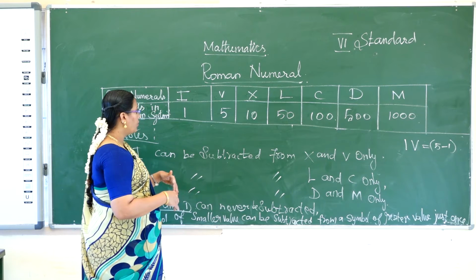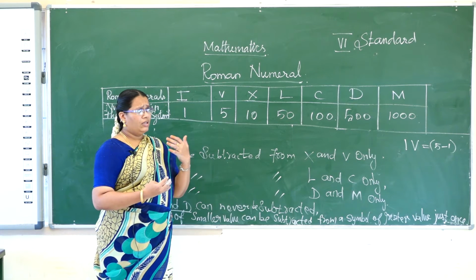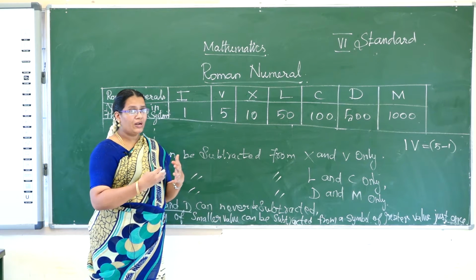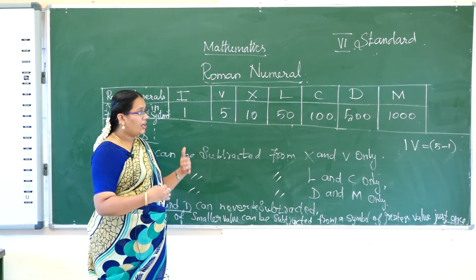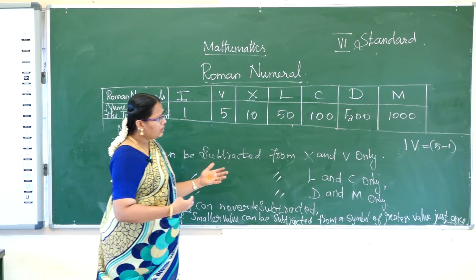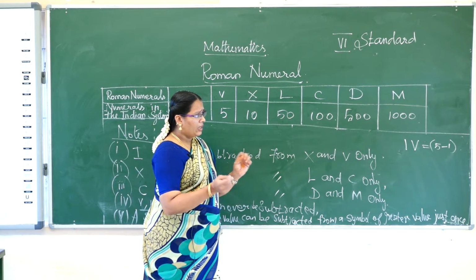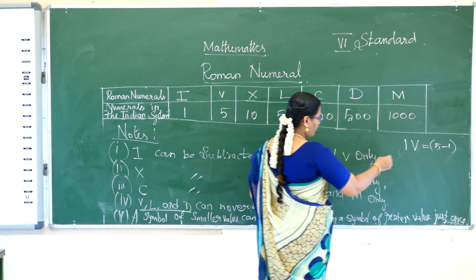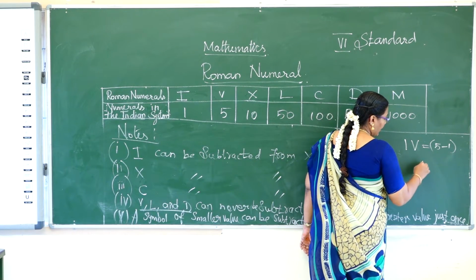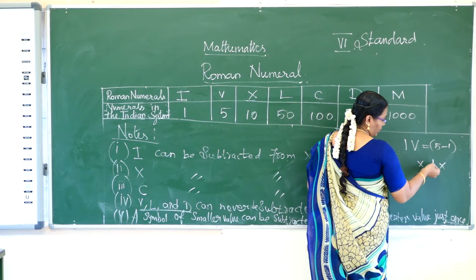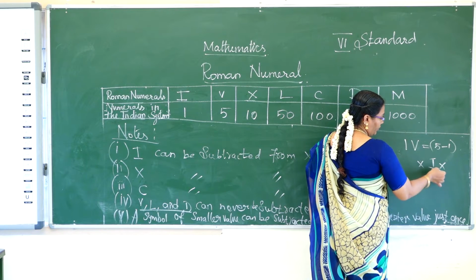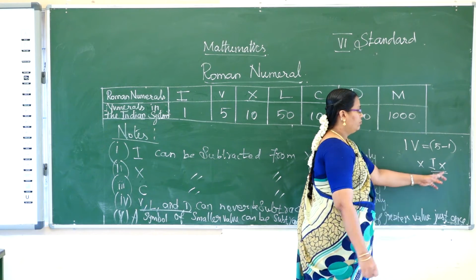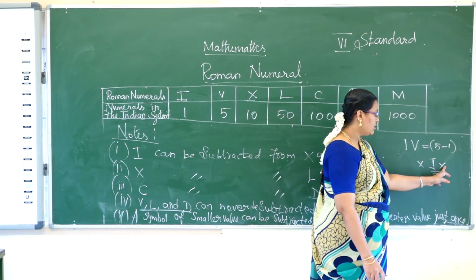And the third rule, the repeated Roman letter, a maximum number of Roman letters allowed is 3 times. And the fourth one, we have 2 greatest values with one smallest value between. What do we do? Subtract from this value, subtract from this value.